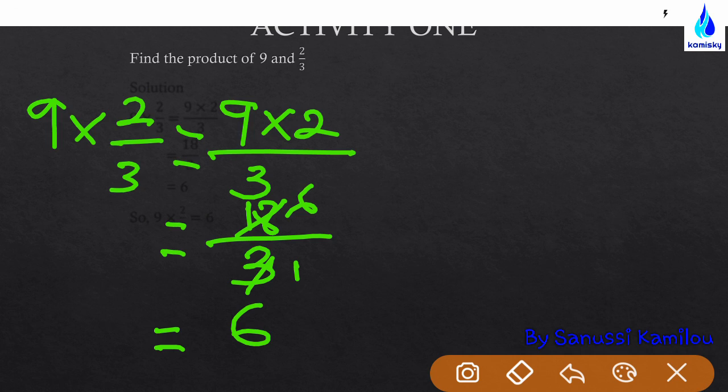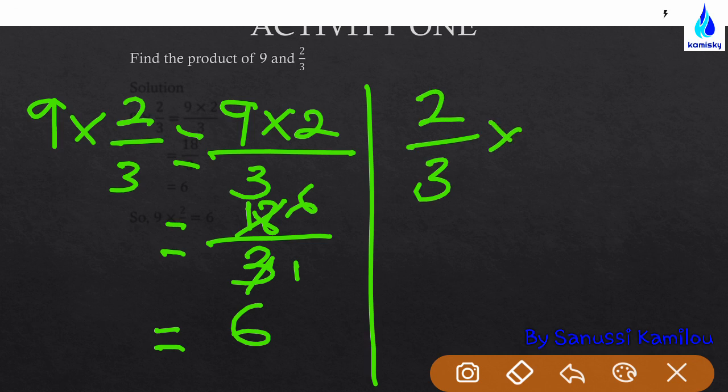We have another method that we can use here. This is the same as multiplying 2 out of 3 by 9. So what do we do? Whenever you see it like this, we multiply only the numerator and the whole number.